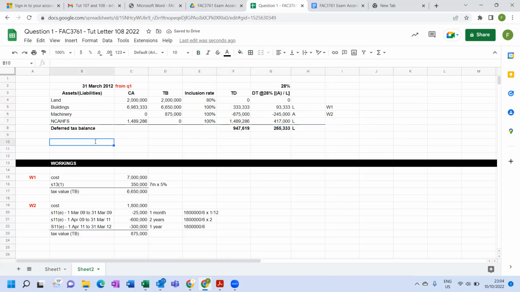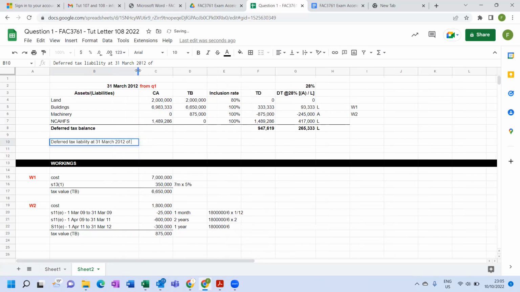The answer is a deferred tax liability at 31 March 2012 of 265,333. So that's basically the answer, and that is your 14.5 marks.